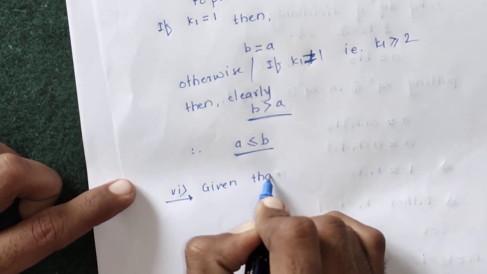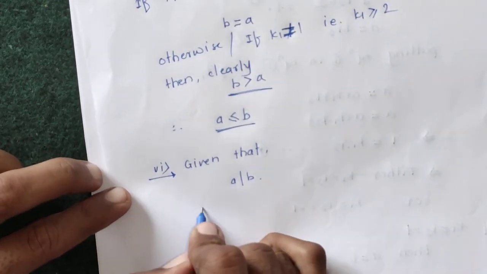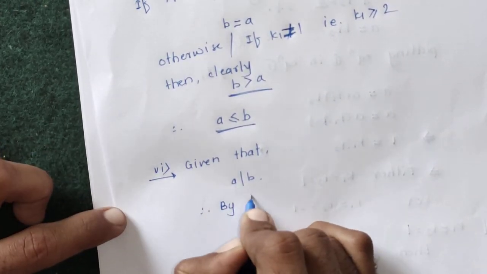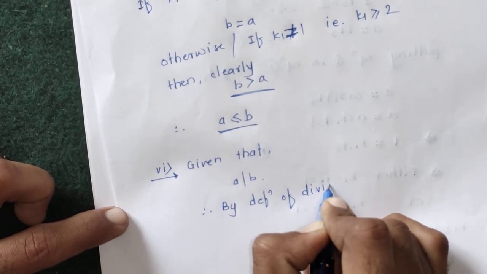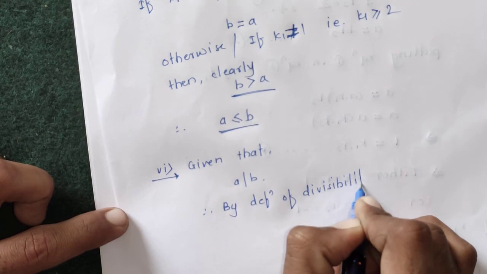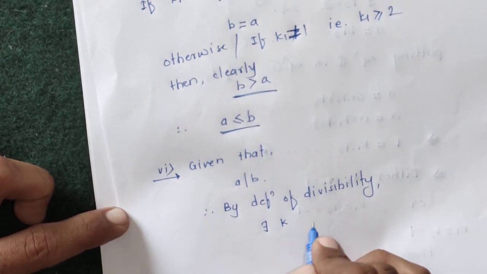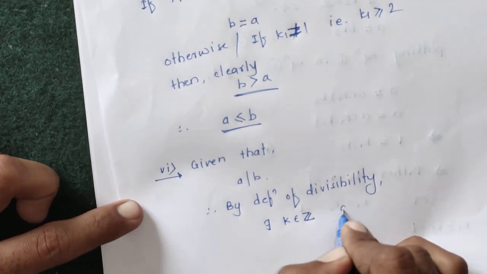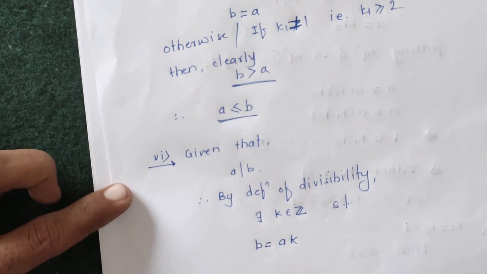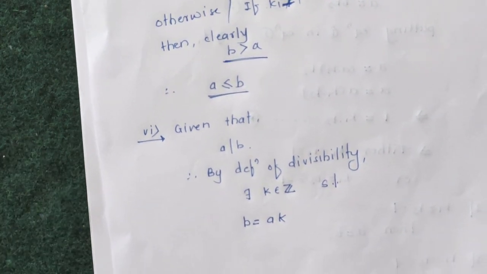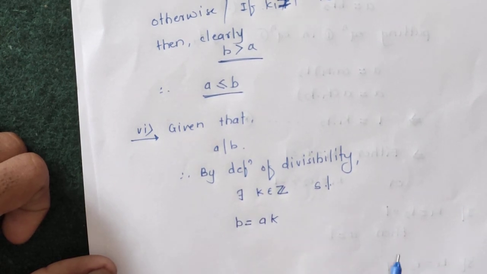Since we have given that A divides B, therefore by definition of divisibility, there exists an integer, suppose k, such that B is equals to A into k. This is the given thing from which we get B is equals to A into k.